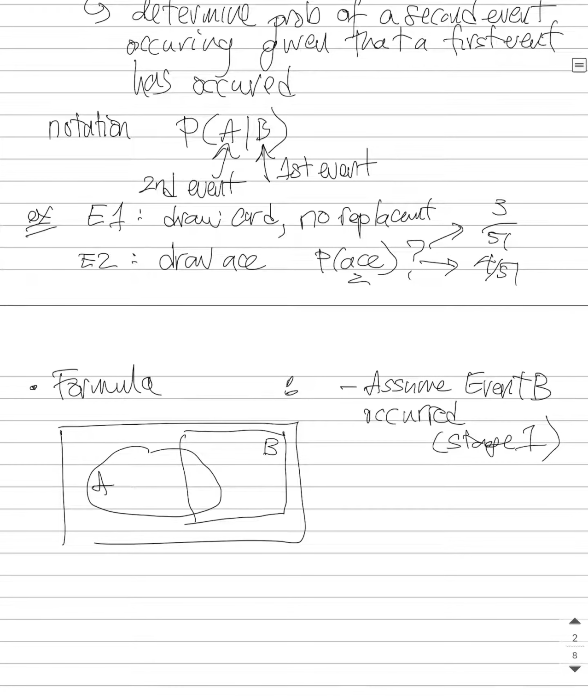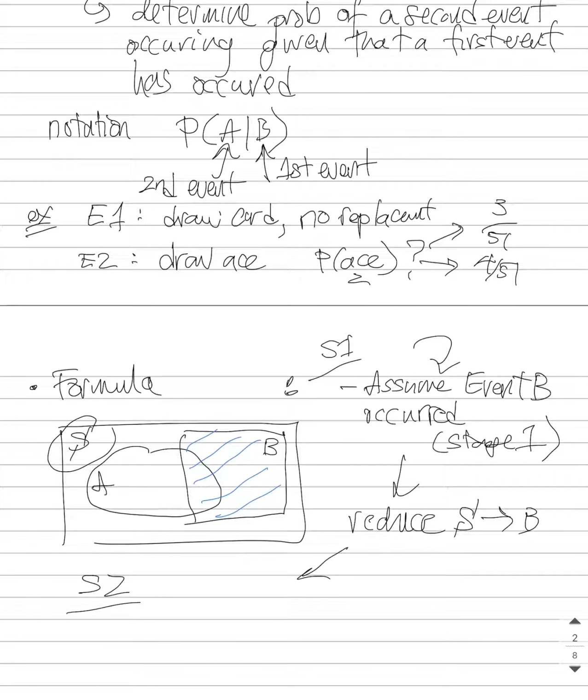You can think of the sample space initially, before any of the stages happen: anything in the sample space S could happen. But then in stage 1, you assume that event B has occurred. That means you're going to reduce your sample space essentially down to whatever has happened in B.